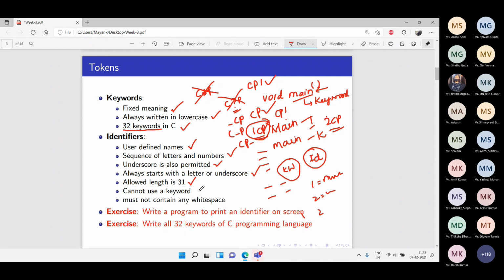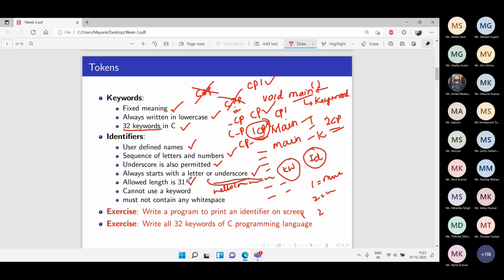So whenever you find in a program that a big identifier is given, quickly it should come to your mind to count the number of characters.